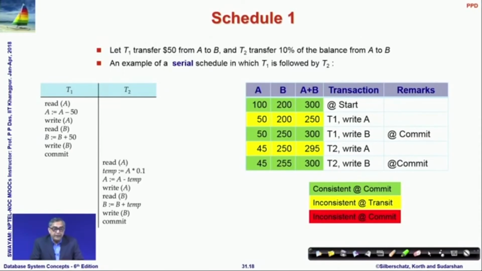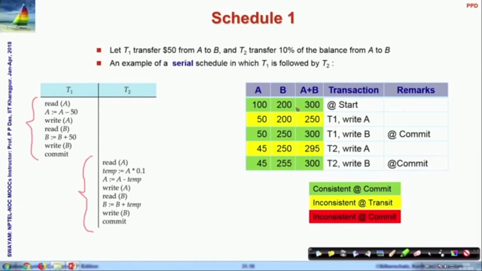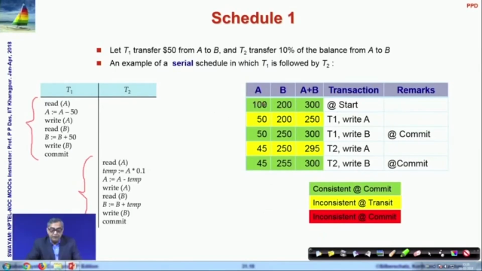If they are executed serially, first the whole of T1 executes, and once it has committed, that is, successfully ended, then T2 executes. At the beginning, as an assumption, A had $100 and B had $200, so the sum was $300.